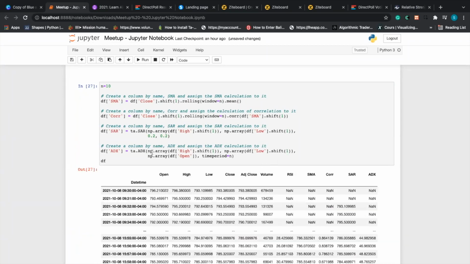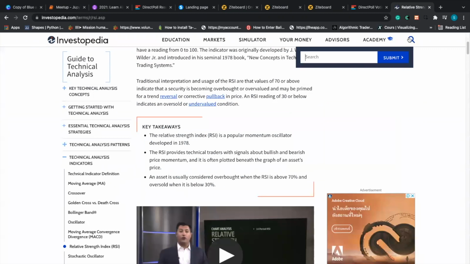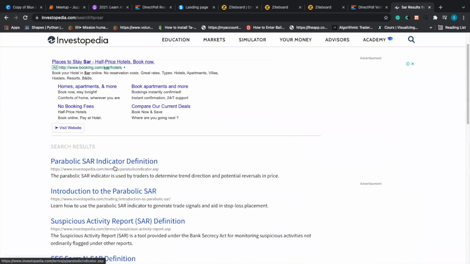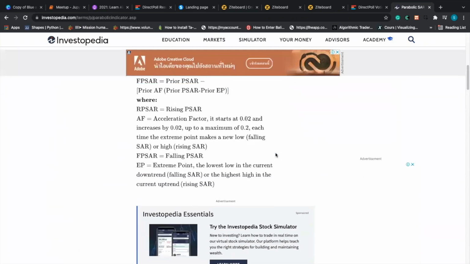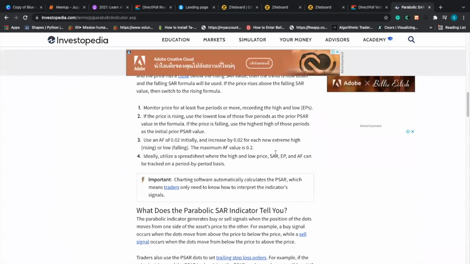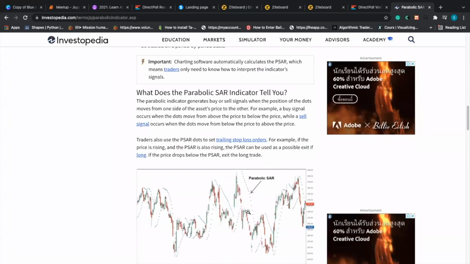For the ADX, I'm also using the TA-Lib library. You can either develop it mathematically, or go on Investopedia for more information about the SAR. Quickly, the Parabolic SAR is an indicator that gives you information about when the market is reversing, which means going from an uptrend to a downtrend.